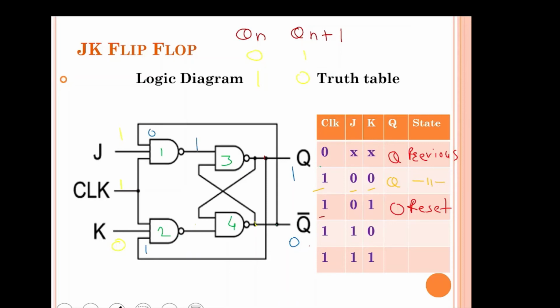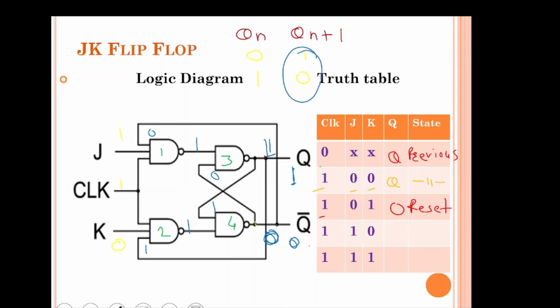So this will become 1 and this will be also 1. Now this 0 goes here, so 1 and 0 will be 1. This 1 goes here, 1 and 1 will be 0. If we assume that the previous state is 1, 0, then also we have got the output that is 1, 0, which is same as this.